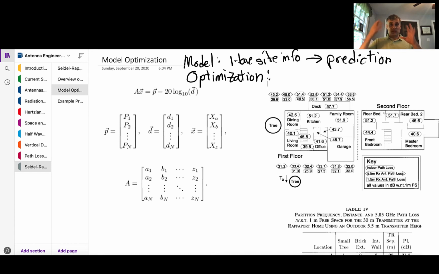Maybe if the transmitter's brought down low to the ground, that will often change the interaction in the environment and will tweak these numbers. Or you could just change the frequency of operation. That's another way to make a change in the environment. And for the optimization problem, you take a bunch of measurements of path loss or received signal strength, and you're trying to get the model parameters out of that.